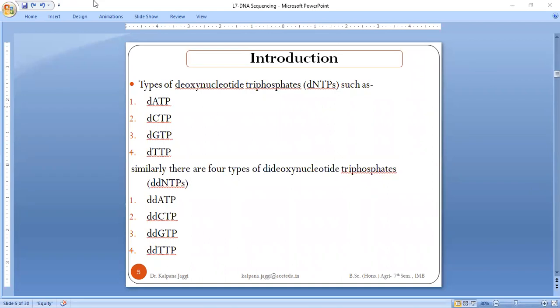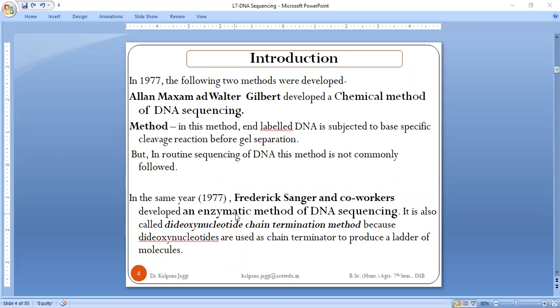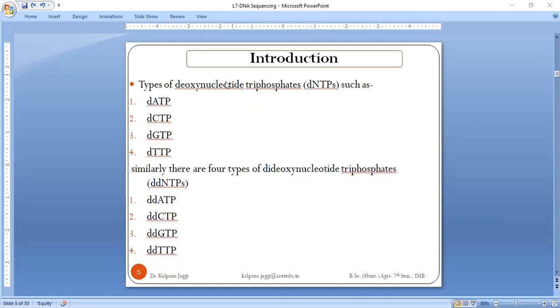But before I go into detail on this enzymatic method developed by Frederick Sanger and his team, I would like to introduce the dNTP. Although I have already introduced you to the dNTPs, I will revise them. When we say dNTP, it is deoxynucleotide triphosphate.